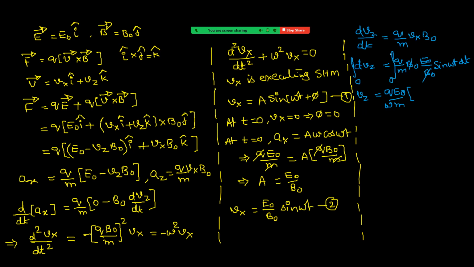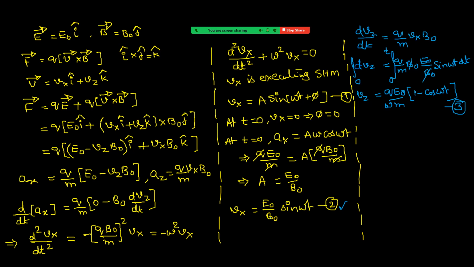Now take limits 0 to t. Then see what we get: it is 1 minus cos ωt. See carefully, the integration of sin ωt dt is minus cos ωt by ω. I have taken ω outside, they are having minus, right? Then see what we get: cos 0 is 1, and cos ωt. This is now Vz. So we got now Vx and Vz.